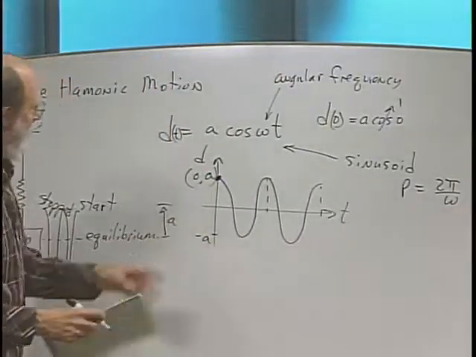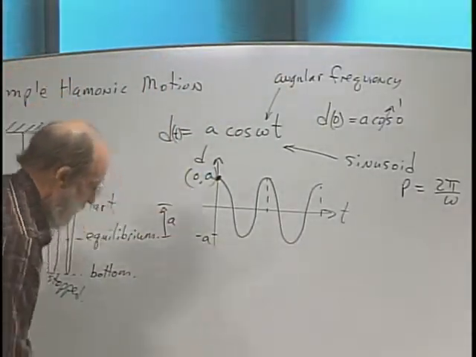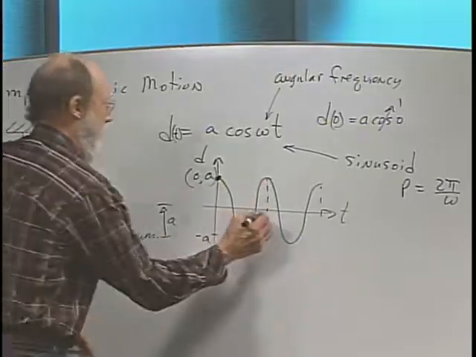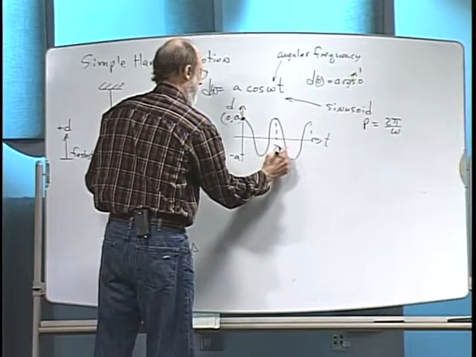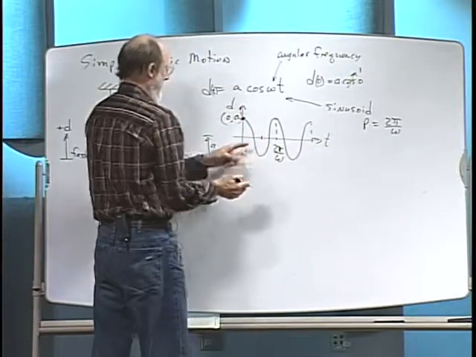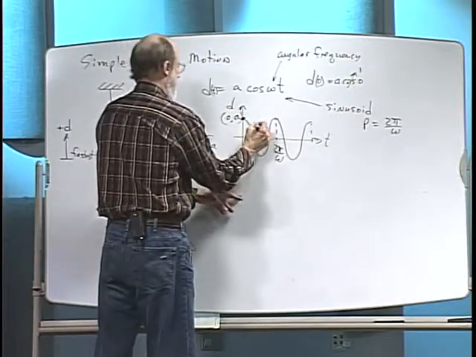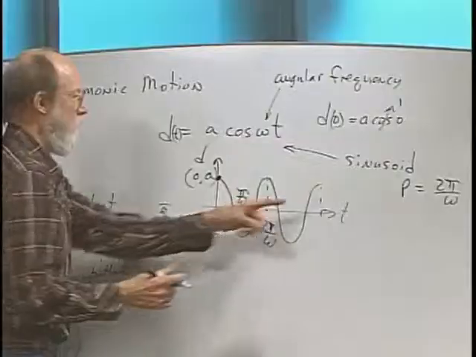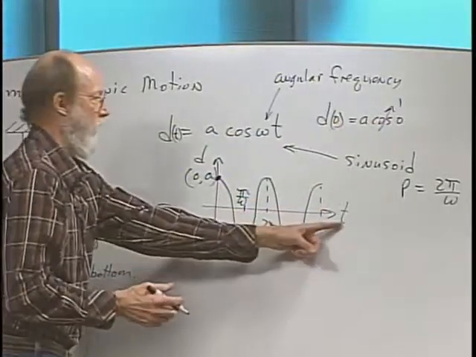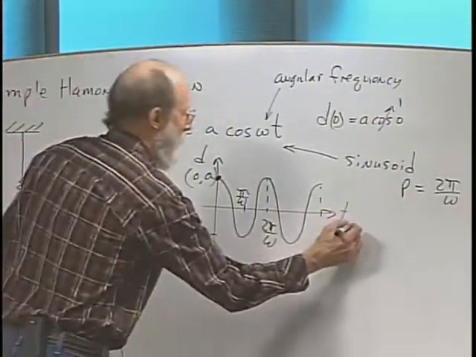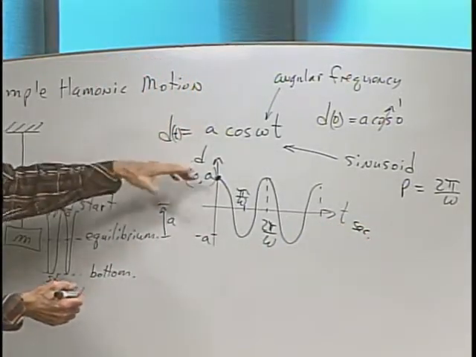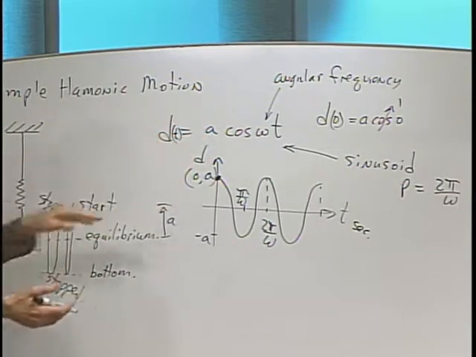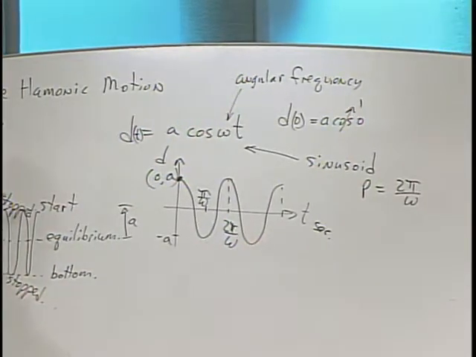So if we've got this model built here, we can see that it finishes one cycle in its period, and so this is 2 pi over omega. Half of that would be where it's going to bottom out, at pi over omega, and this is going to be time. It could be in seconds or hours or whatever. So let's say it's in seconds, and then the amplitude is some other value. It could be in meters or centimeters or something like that if the spring is moving up and down.